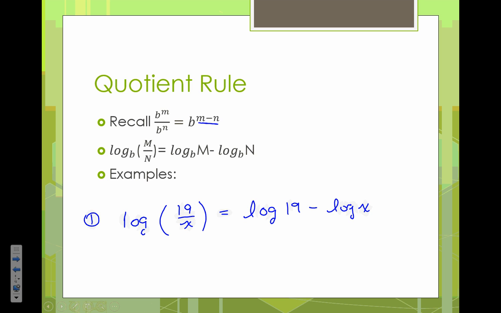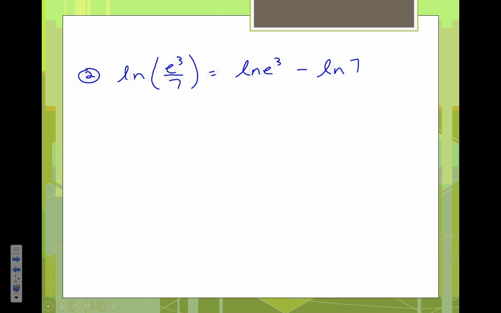And a second example of doing that would be the natural log of e cubed over 7 will be the natural log of e cubed minus the natural log of 7. We'll look further at how we can simplify this after the next rule.